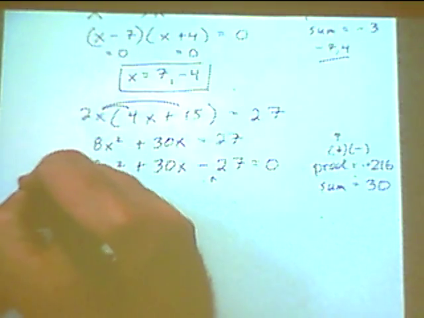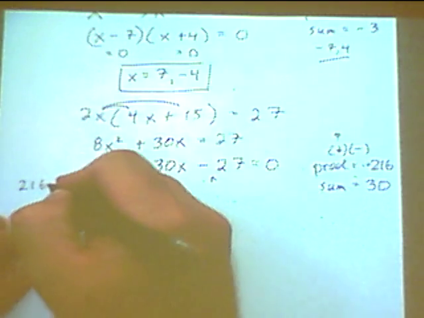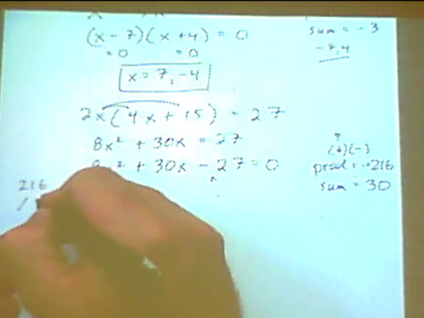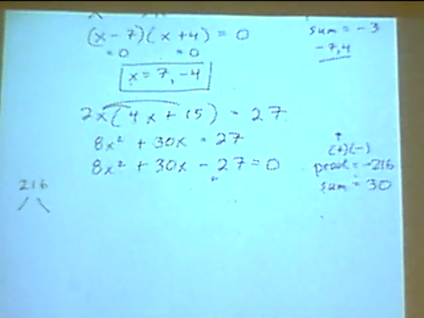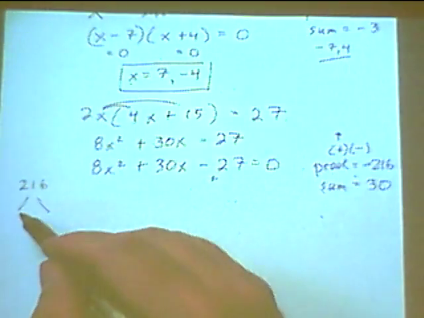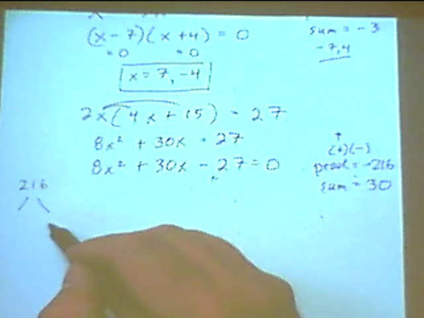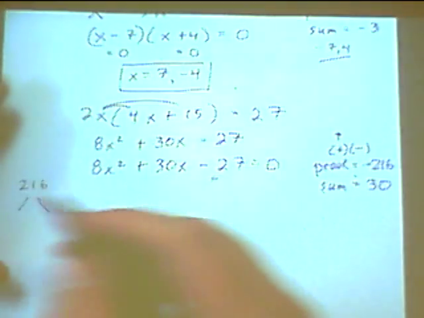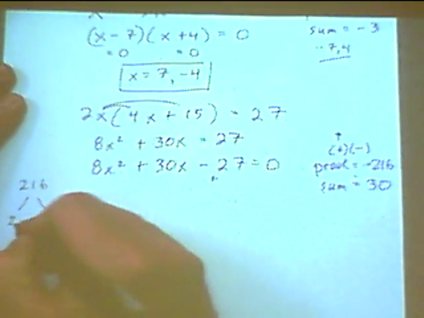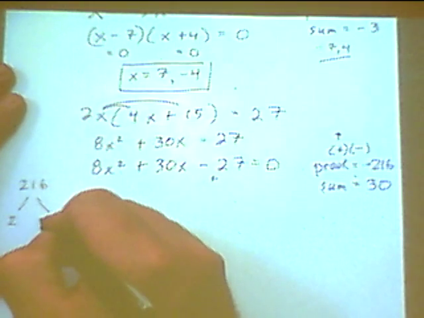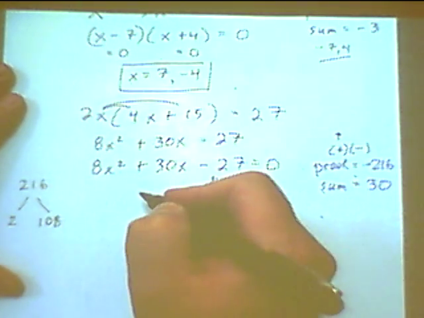I'm going to take the 216 and I'm going to break it up into its prime factors. That means I'm going to first think of two numbers I can multiply together to equal 216. And I'll just pick a straightforward one, 2 times 108.